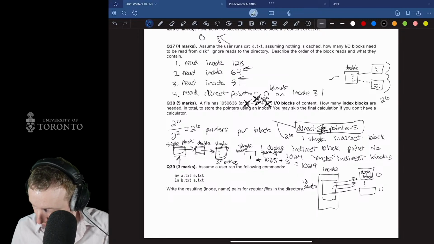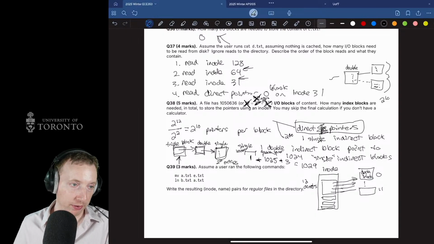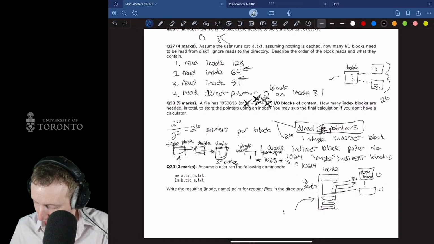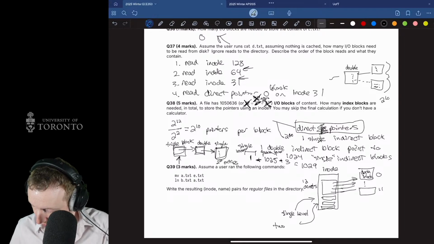Then it would have 3 pointers. Unlike page tables, if you want to think of it in terms of page tables, you can think of this pointer as just a single level. This is 2 levels.